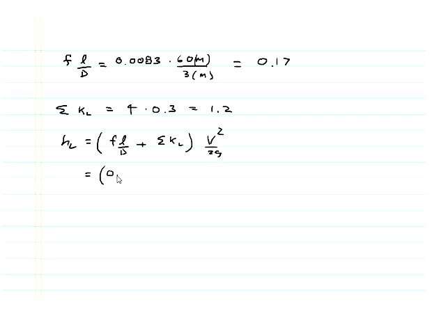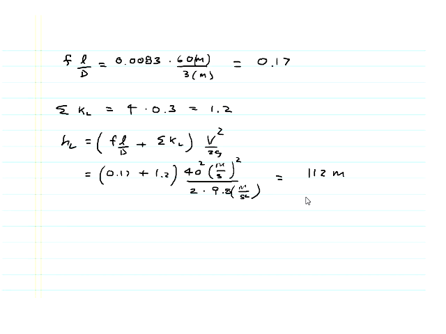So that's 0.17 plus 1.2, times the velocity, 40 meters per second, squared, over 2 times gravity, which is 9.8 meters per second squared. The total head loss comes out to be about 112 meters.